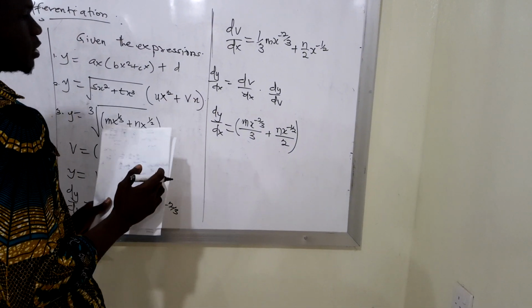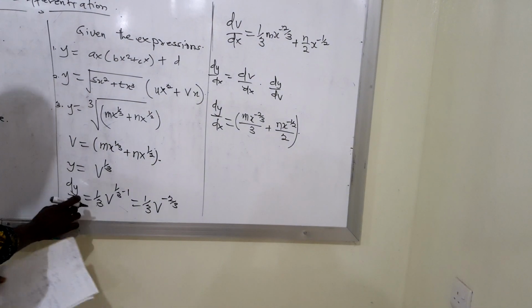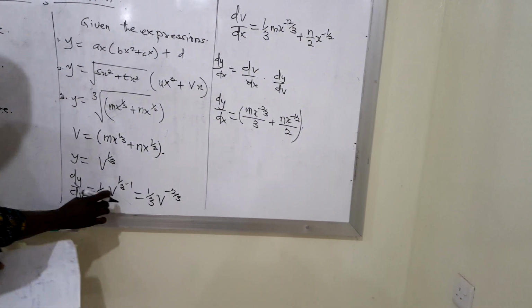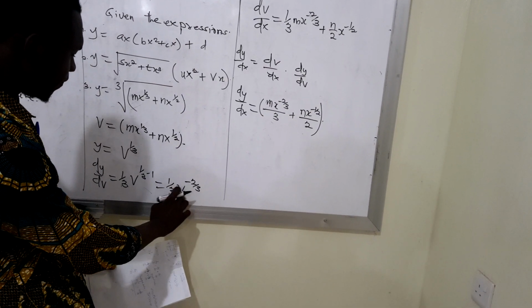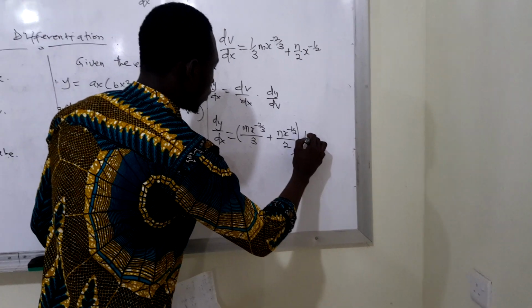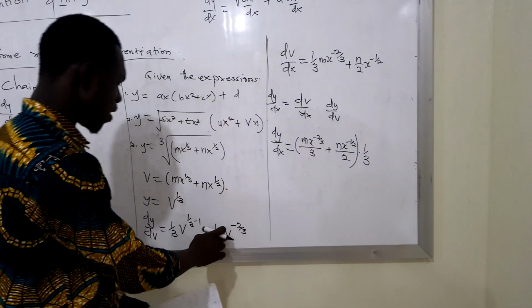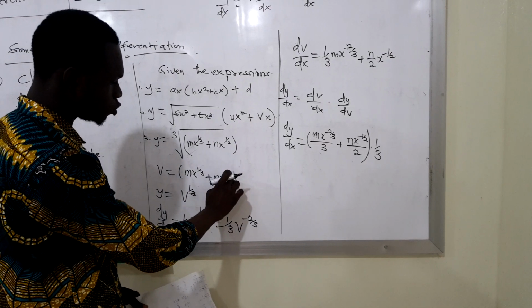All this expression multiplies dy/dv, which is 1/3 v exponent minus 2/3. Now we know our v to be what? m x^(1/3) plus n x^(1/2).